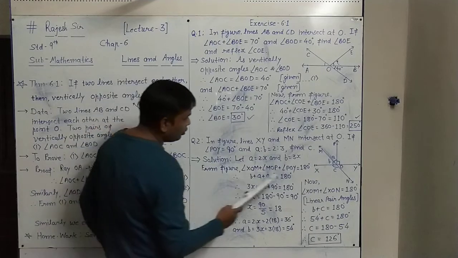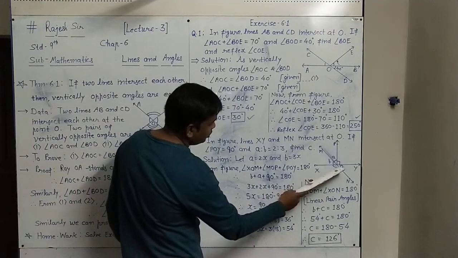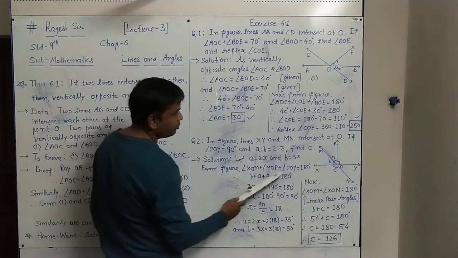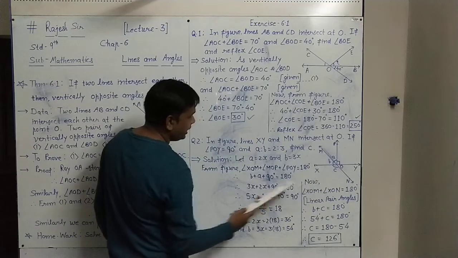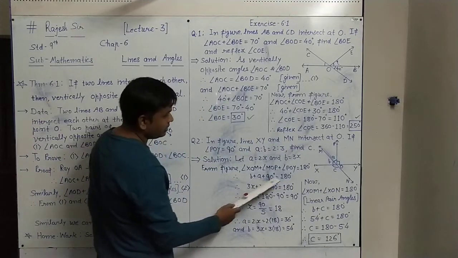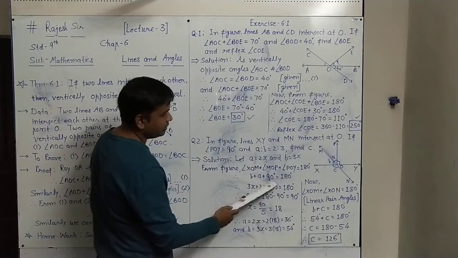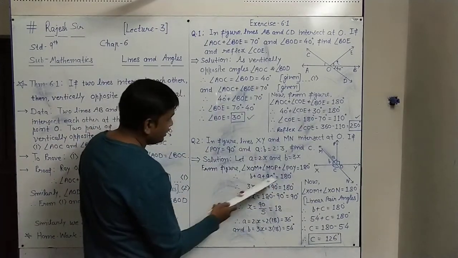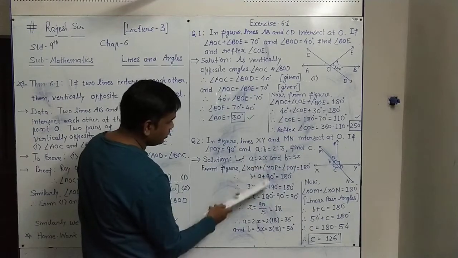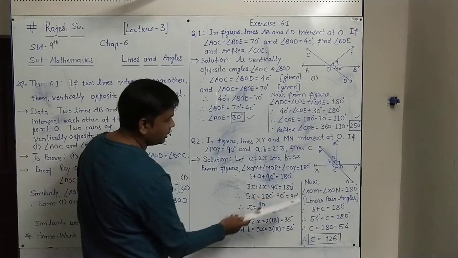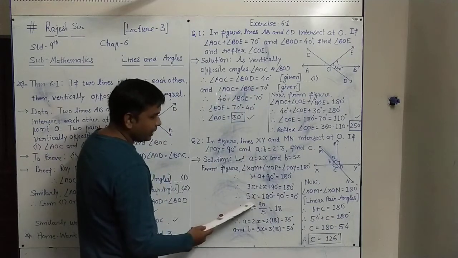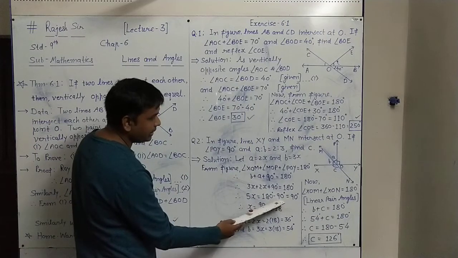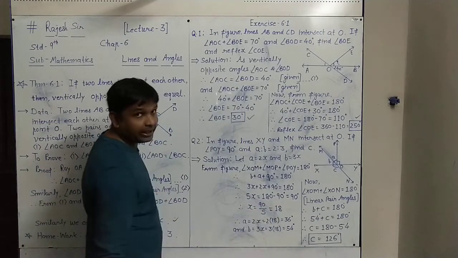Now angle XOM denotes B, its measurement is B, plus MOP's measure is A as given in the figure, plus POY is 90 as given, that equals 180. So B is 3x plus A is 2x plus 90 equals 180. 3x and 2x make 5x, equals 180 minus 90 on the right. 180 minus 90 will be 90 remaining.